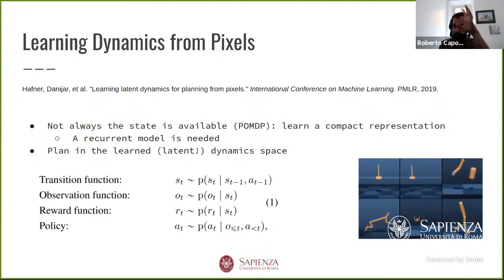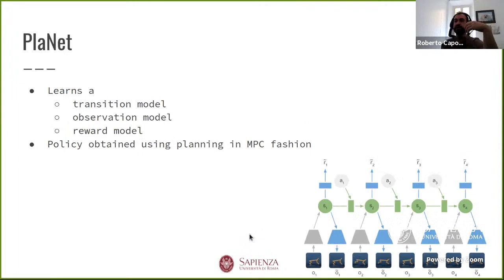So here there is some notation where basically we have the transition function, the observation function, and the reward function, then the policy, which is now computed as a function of the observation instead of the state, because the agent doesn't have access to the true state.